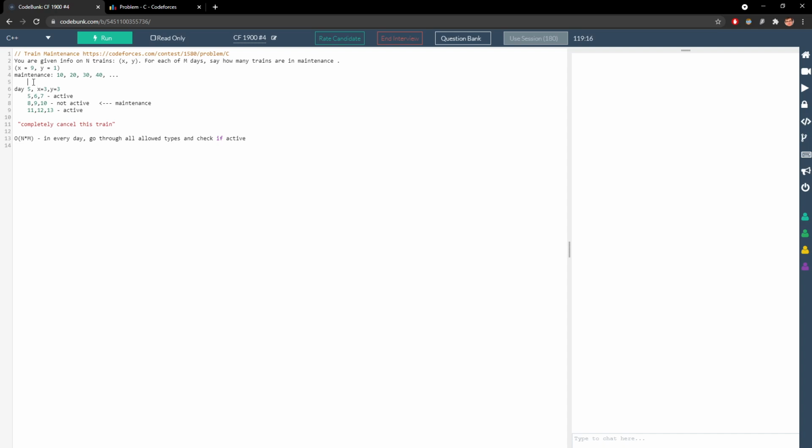I would, for sure, during a contest, try to focus on a train, and looking at a train, I would think about its contribution to whatever is happening. So just like we from the very start thought that a train creates some interval. I mean, every day I will need to check for every train the day modulus the length of the whole period.